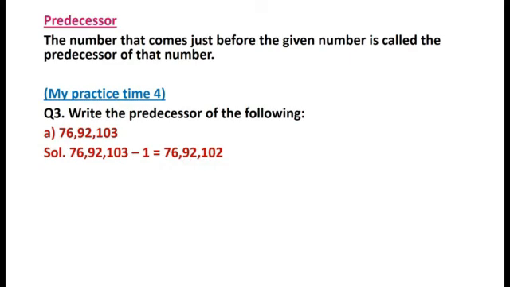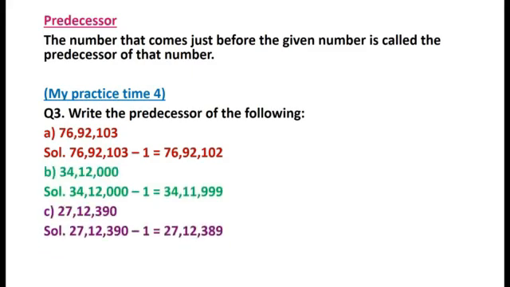So in this way we find the predecessor by subtracting 1 from the given number. The second and third questions I have also solved, and you can find the predecessor in this way by subtracting 1 from the given numbers.